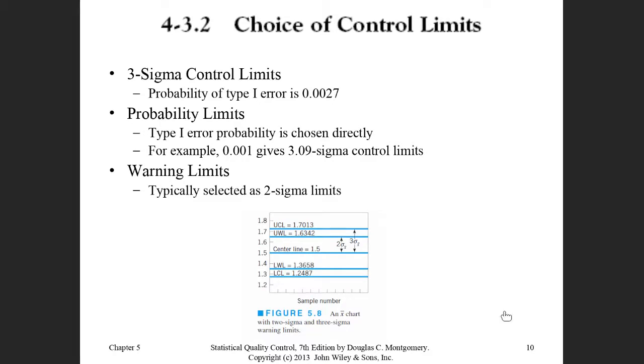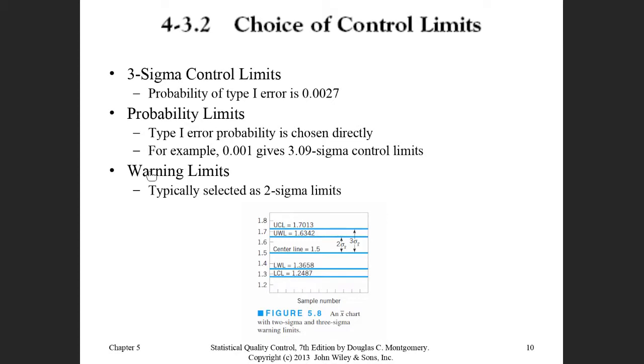That is based on the probability of the majority of the data, which is above 99%, or the probability of having data beyond the 3 sigma limit, which is 0.0027. This is based on the statistical Z table that you have covered in the statistics course. So we are working with the 3 sigma control limits. Those are considered to be the control limits.